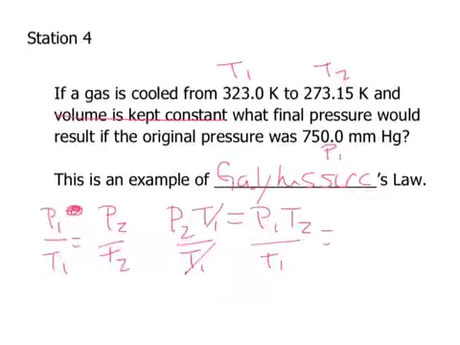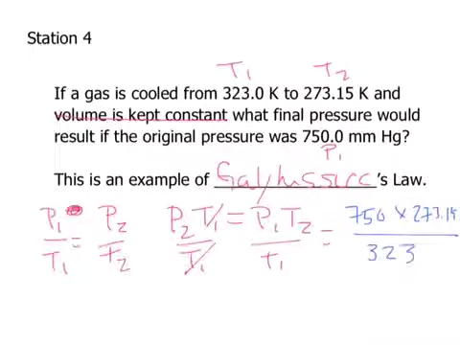So P1 we said was 750 times my T2, which is 273.15, divided by T1, which was 323. So my answer will end up being, and remember, millimeters of mercury is a unit of pressure, K is a unit of temperature.